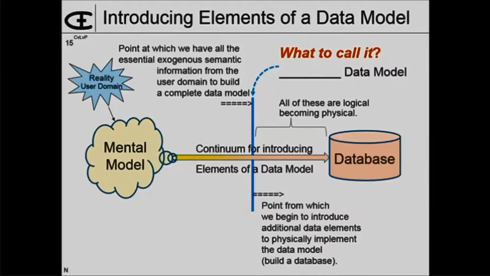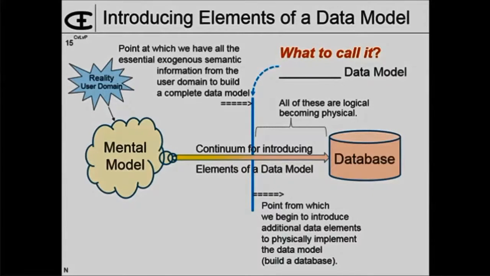There's some point in this continuum where we have all of the information that we want and need to accurately model in all its detail the user environment, but before we have introduced anything that's unnecessary or spurious or artificial, aimed toward physical implementation.